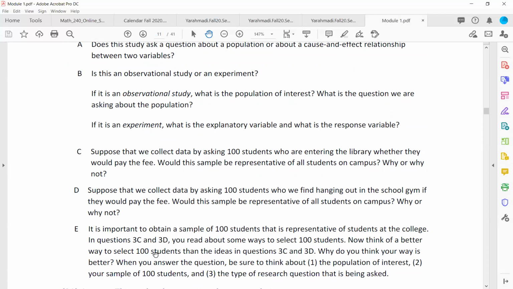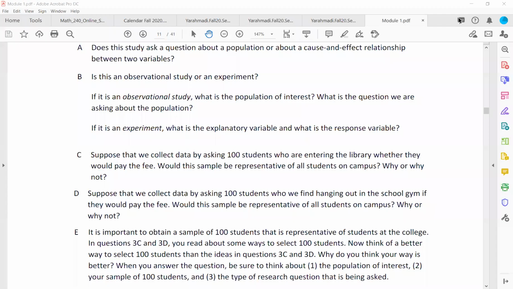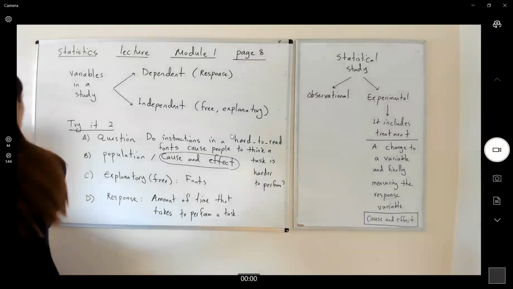Why do you think your way is better? When you answer the question, be sure to think about 1, the population of interest, 2, your sample of 100 students, and 3, the type of research question being asked. Very well.